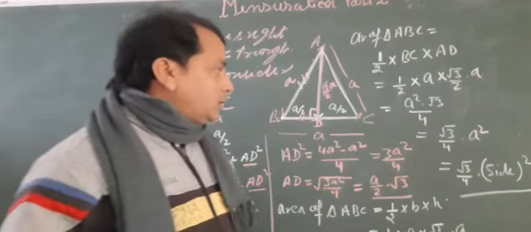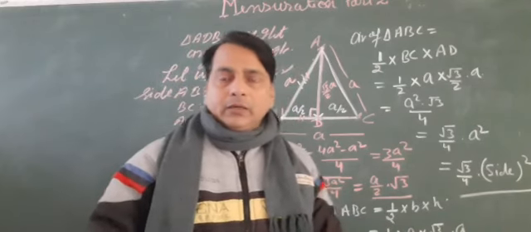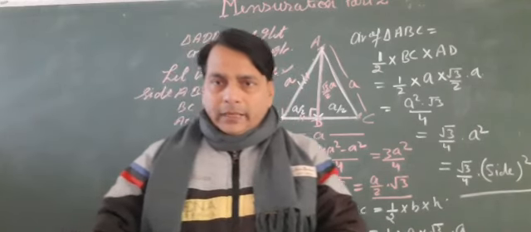So it is clear that area of equilateral triangle is root 3 by 4 into side square.